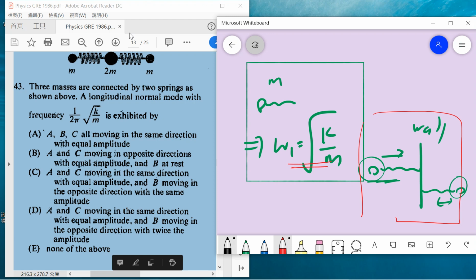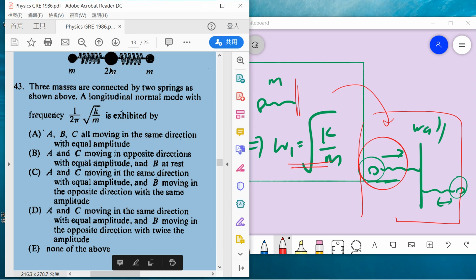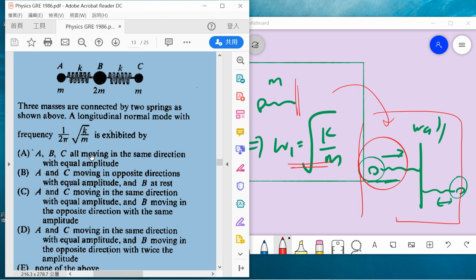Once you notice that, you can see it's basically like a single mass moving. Because they move at equal amplitude, the center of mass can be fixed. So the answer is B.